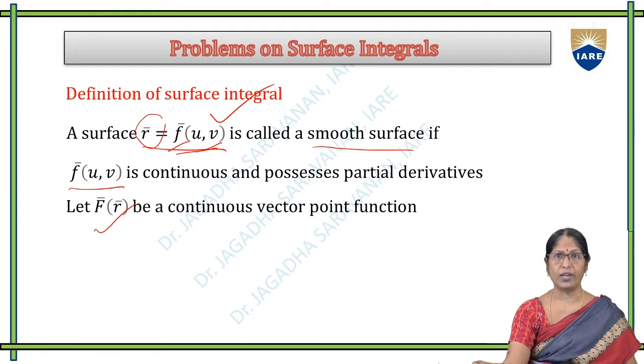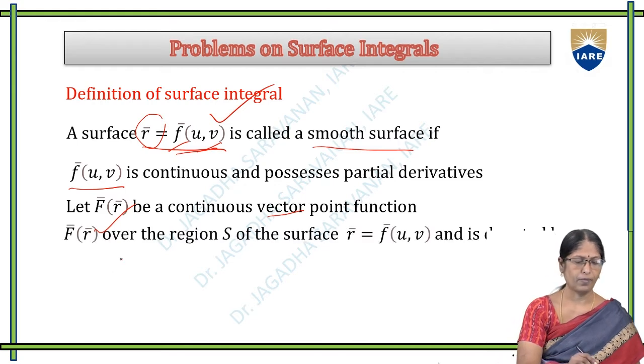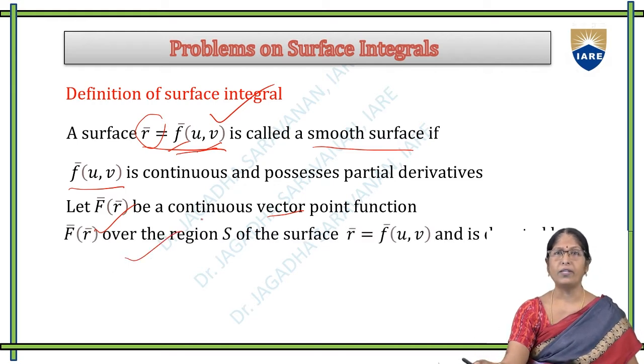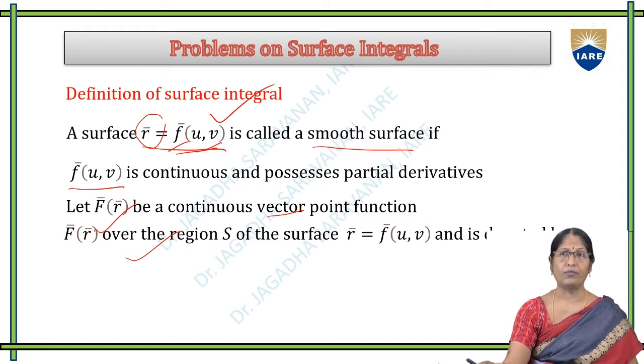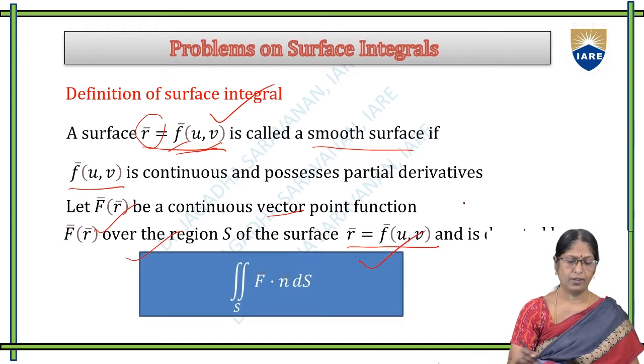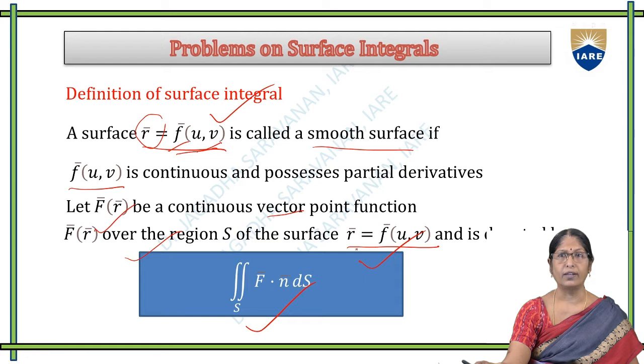The smooth surface is connected to our vector point function, that is, a vector which has magnitude as well as direction. So now capital F of R over the region S of the surface r vector equal to f bar of u comma v is denoted by double integral over S of F dot n dS.